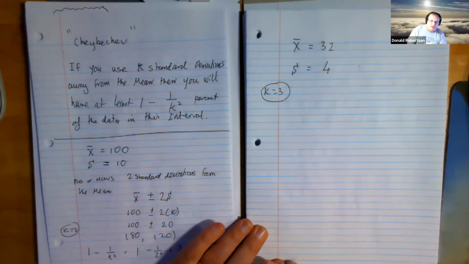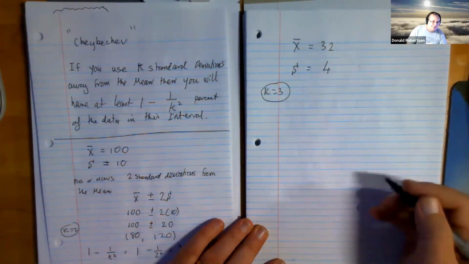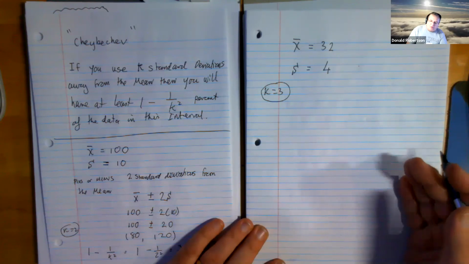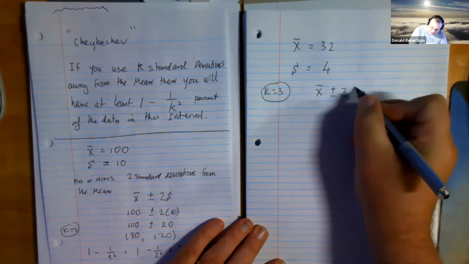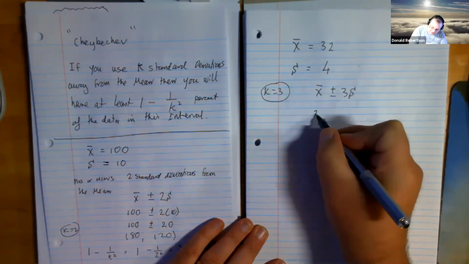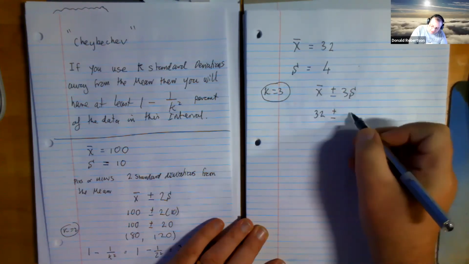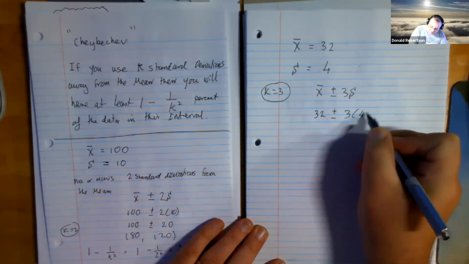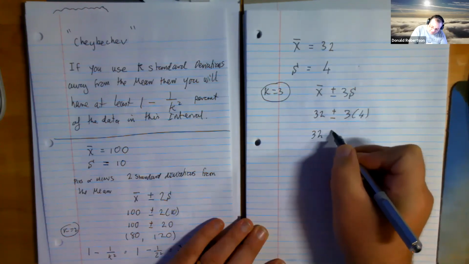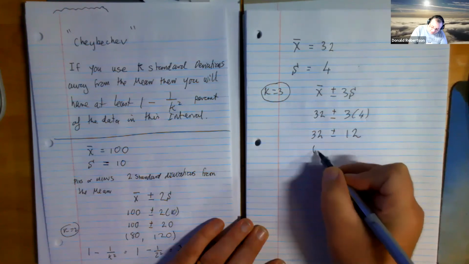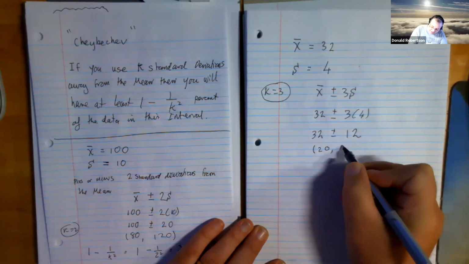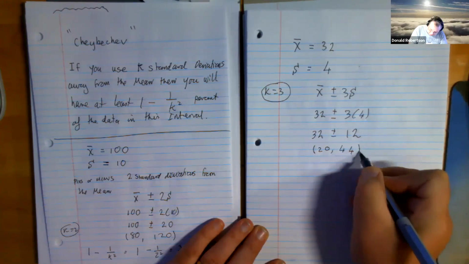K equals 3. Let's see what percentage of people that would work with. Well, the mean plus or minus 3 standard deviations: 32 plus or minus 3 times 4. 32 plus or minus 12. So on the low side, it's 20. On the high side, it's 44.